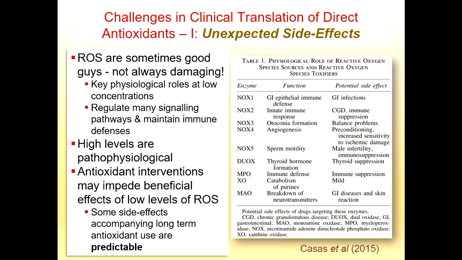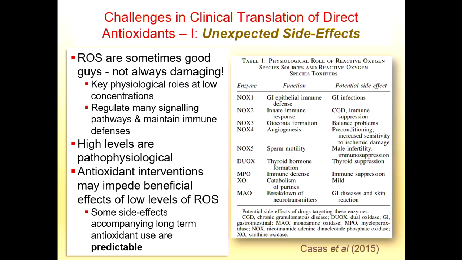And so when you start swamping a human with high doses of antioxidants, you can suppress those beneficial physiological roles of low-level reactive oxygen species production. Okay, so for that reason, we started seeing side effects in people with antioxidant treatment that we didn't expect because of this problem, disrupting healthy roles.